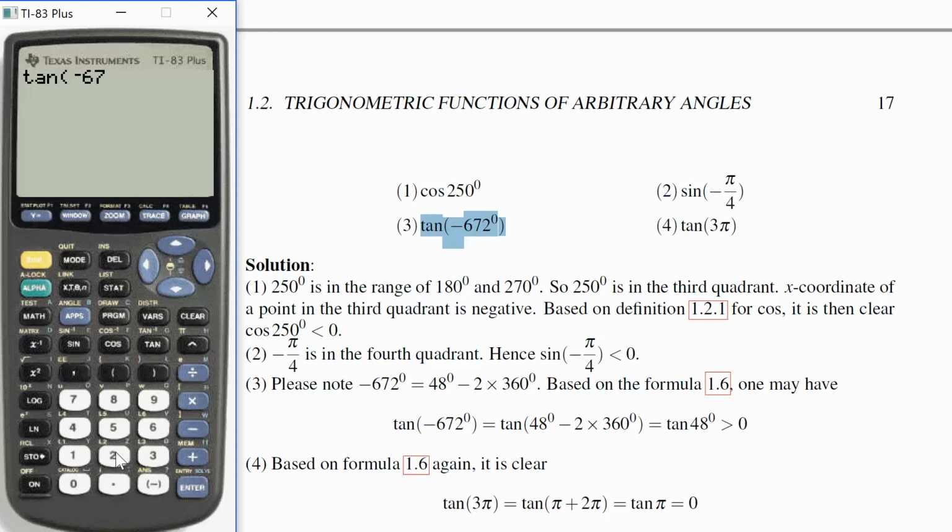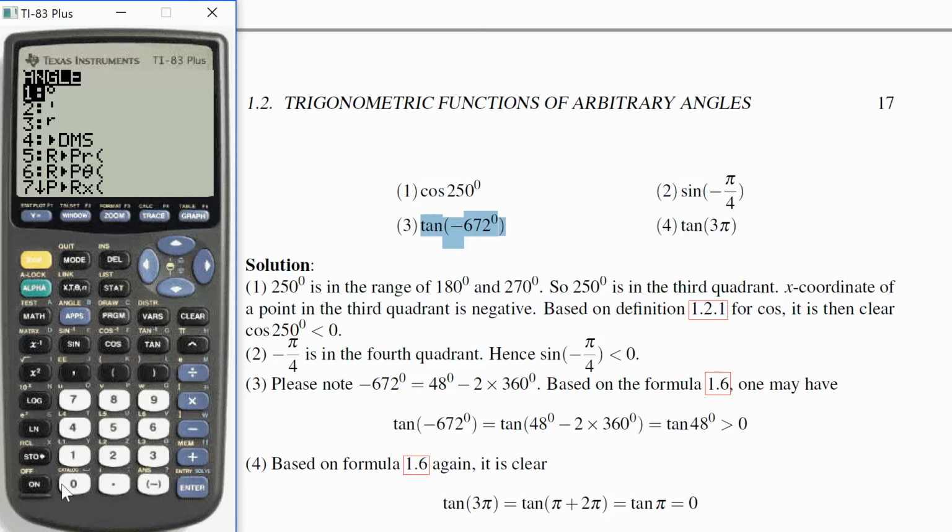Then 672 degrees. How do we input degrees? That will be second, apps, angle. You see key 1 is degree, key 2 is minute.